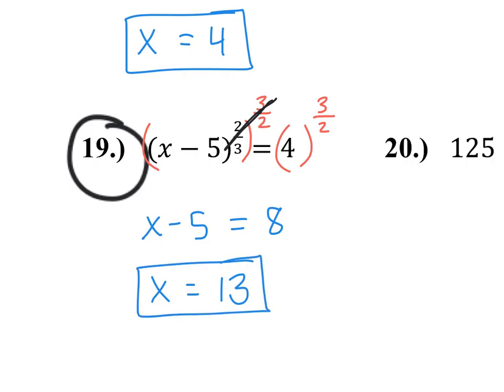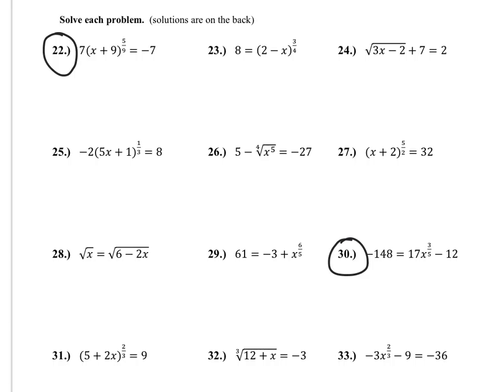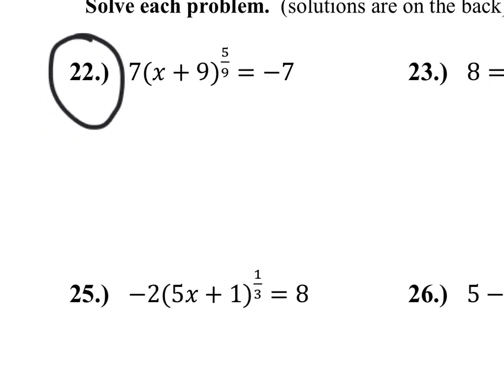Alright, let's flip to the back side. We can do a couple more. 22. Now, again, the goal is to solve for x. So to do that, we have to get the x term by itself. So that 7 that's outside the parentheses, we need to get rid of that first. We do that by dividing both sides by 7. Once we divide by 7, we get x plus 9 to the 5/9 on the left side. And negative 7 divided by positive 7 is negative 1.